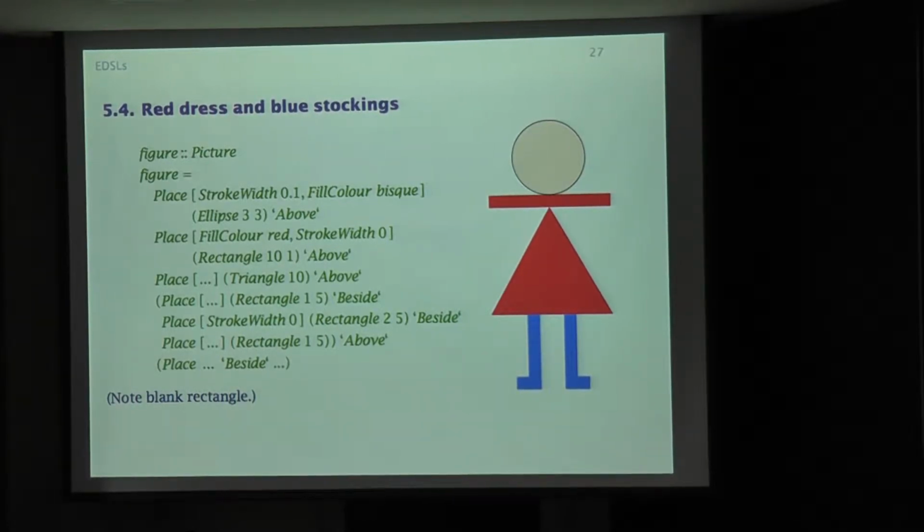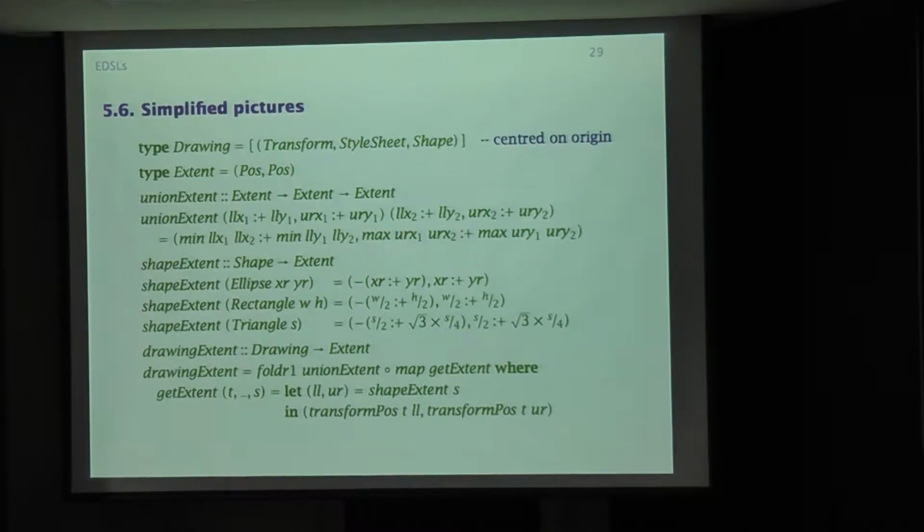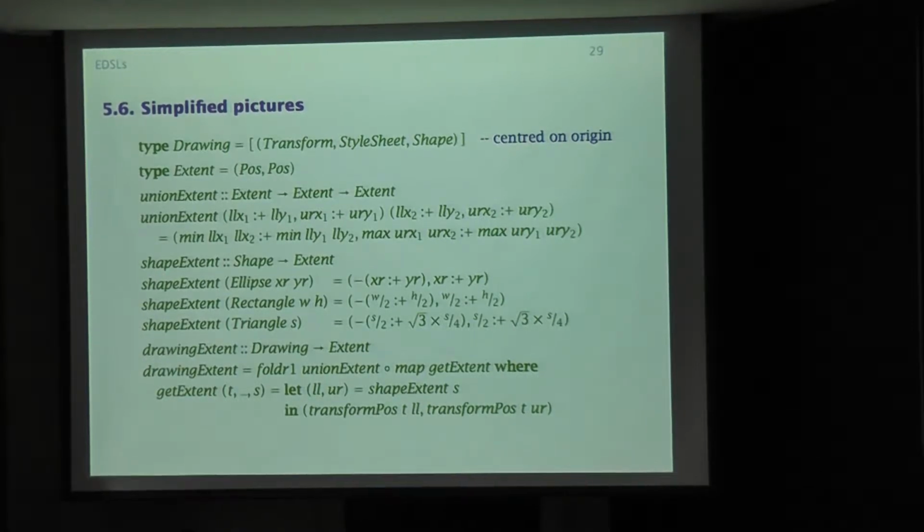instructions. And one instruction will say, take the shape, the circle, the ellipse of width 3 and height 3. So the third thing in the triple for the first instruction will be the ellipse shape. The second thing will be the style sheet that says fill it in pink.